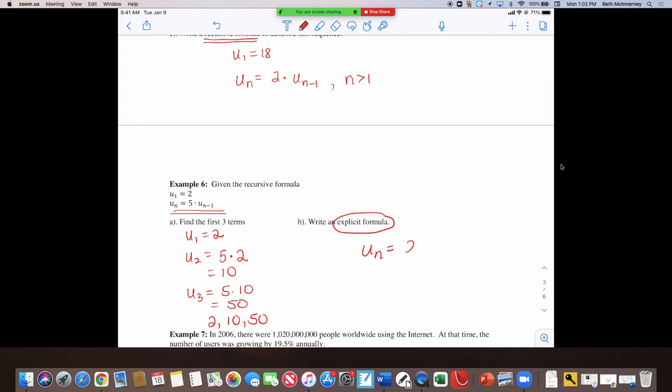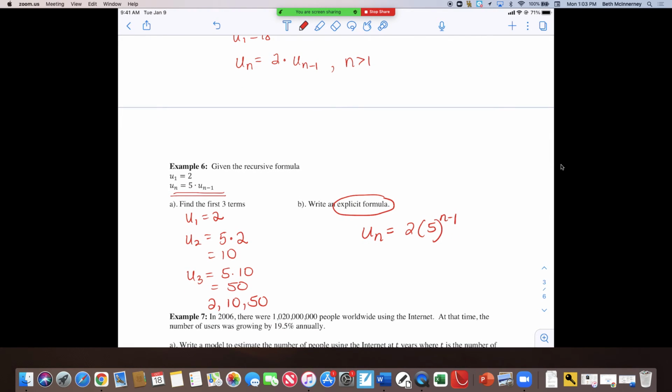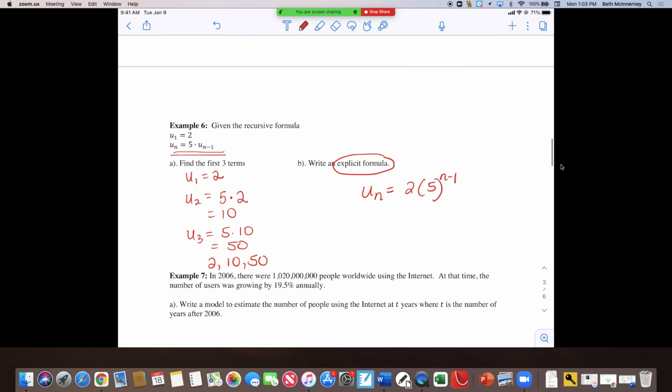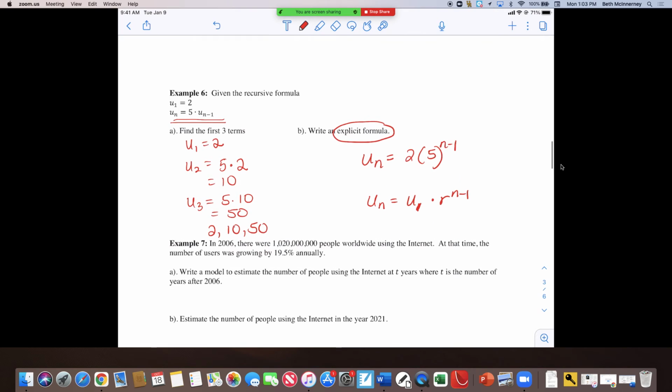It's the first term times the common ratio to the n minus 1 power. So let me just write the general one. It's the first term times r to the n minus 1. Now there are exceptions to the rule here, and we're going to see our exception in example 7.